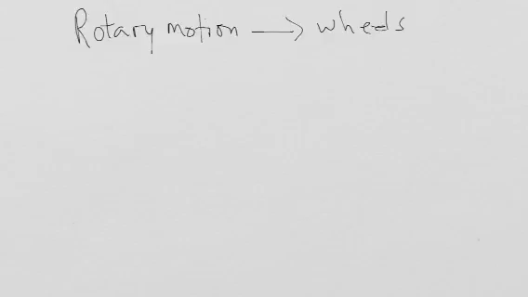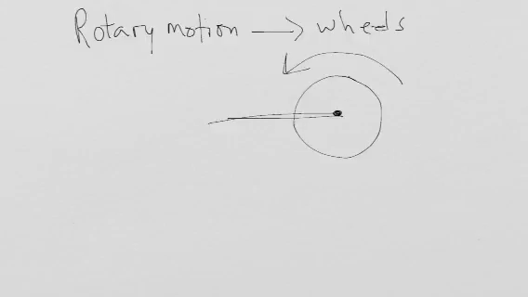Every wheel in existence, first of all, is circular, and that wheel has some kind of thickness to it. In the middle of that wheel, we have a rod that allows that wheel to go around and around and around. We have something that links that wheel to other things. So a pulley is a type of wheel and axle.